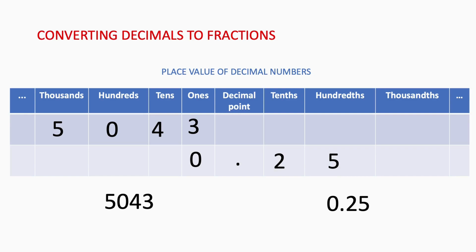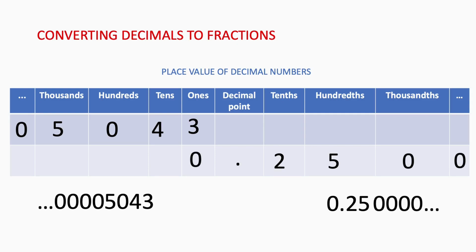As you know, putting 0 before integer numbers will not change the value of that number. But decimals are opposite. That means putting a 0 after the decimal digits will not change the value of the number.